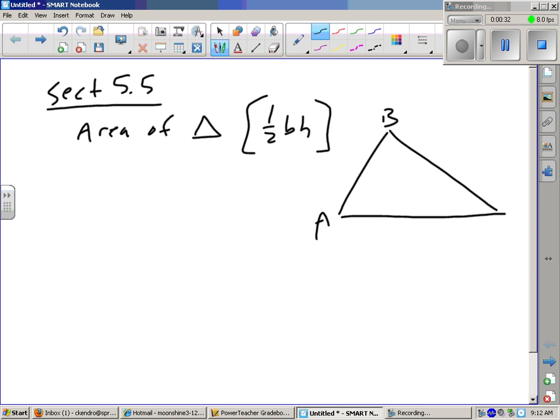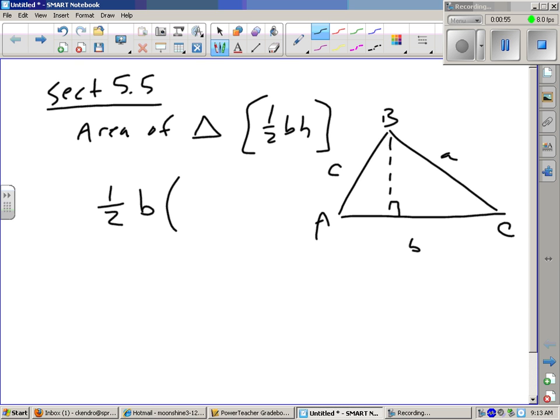Let's do a triangle here where we're not quite sure. And I'm going to drop an altitude here. It's a right angle. And I want you to look at 1/2 b, which is the base, and then times the height.